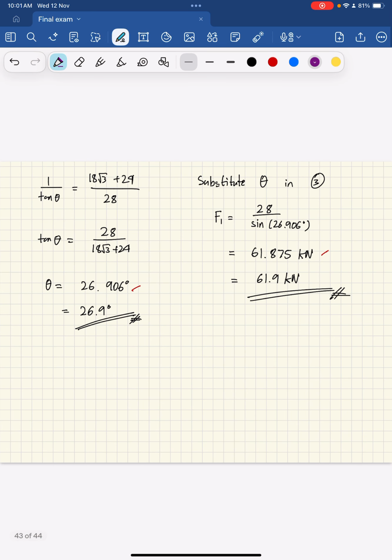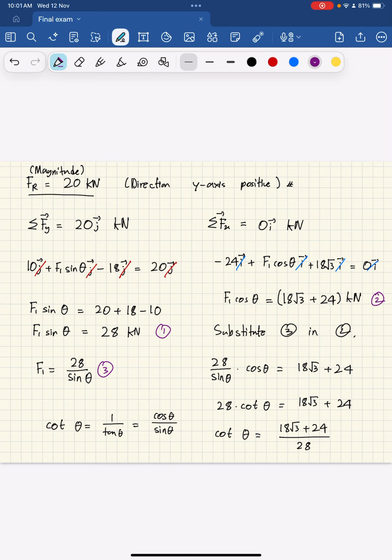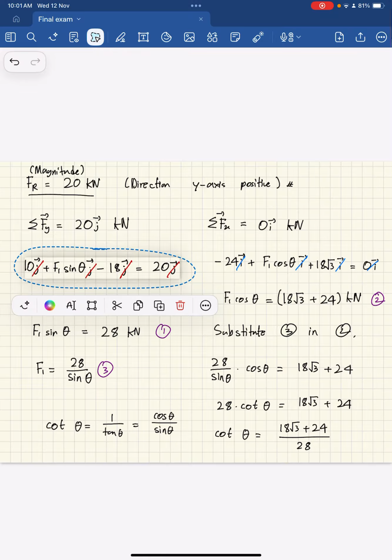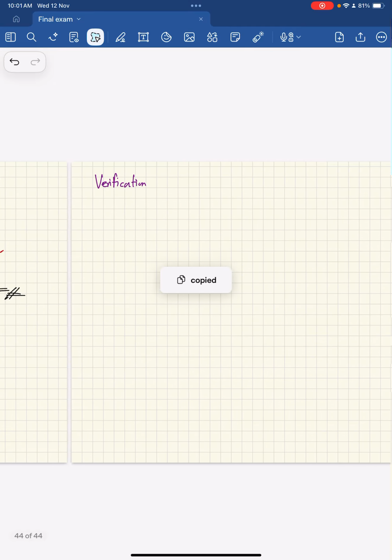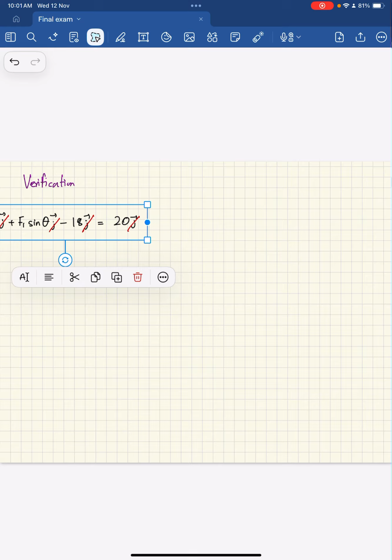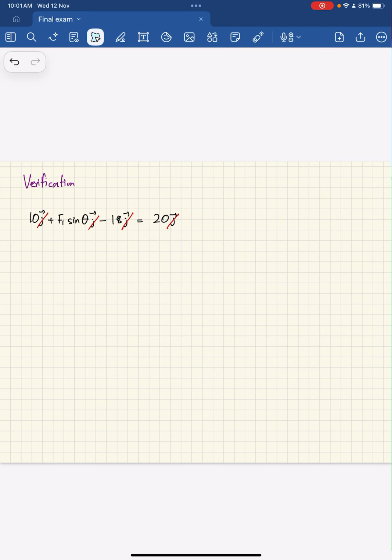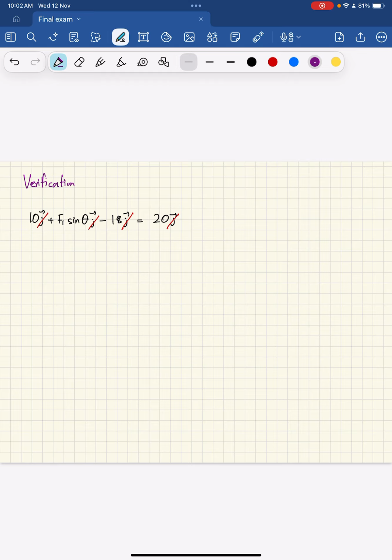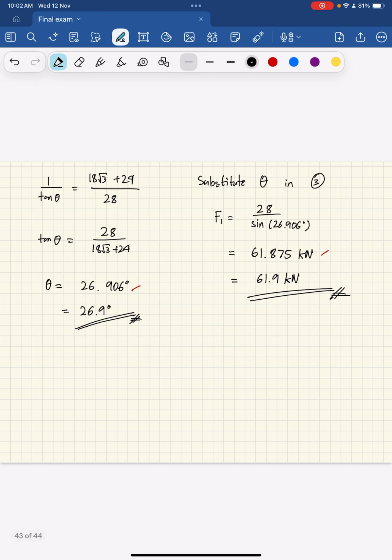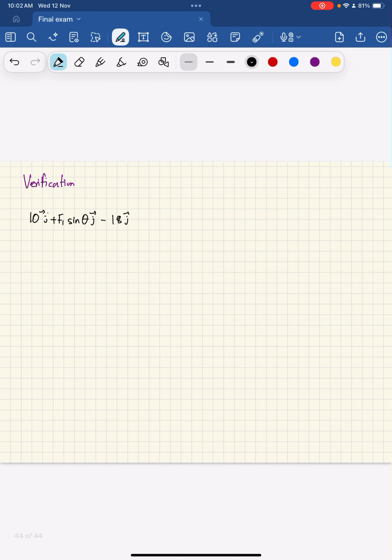So verification. I'll take this equation right here. Let me snapshot this equation real quick. Copy. If you want, you can erase the j also. This was 10j, positive. This was, I believe, negative. Let me double check. Yeah, positive, negative.